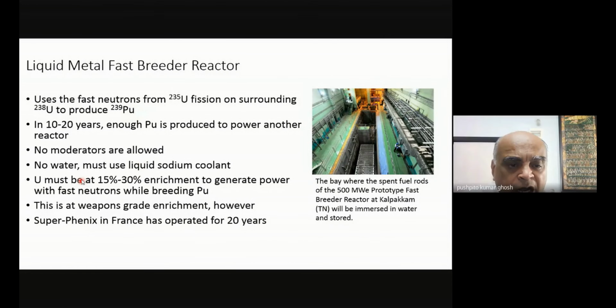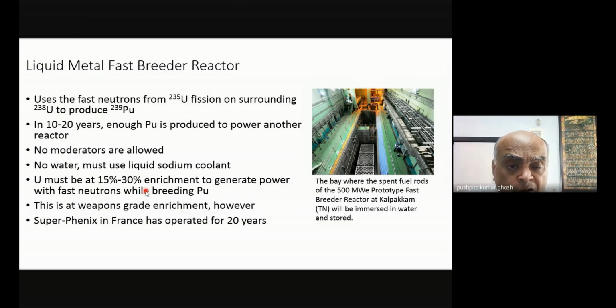This is something that people are looking at. But there's one more catch: in this kind of process, you cannot use that 3% uranium-235. It has to be enriched to between 15 and 30%. Now, the problem is, the moment you are at this kind of concentration, you are actually making weapons grade uranium.